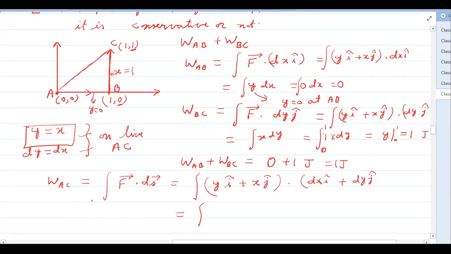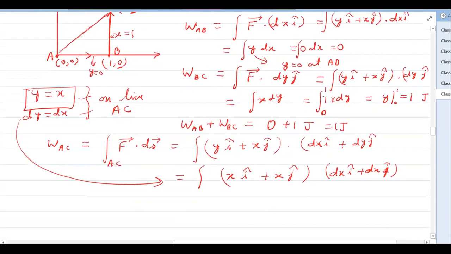Okay. So because we are integrating for AC, for this line, we can write y equal to x, so x i cap and x j cap, and dx i cap and dx j cap. So all the things are now in terms of x only. So just put the values.